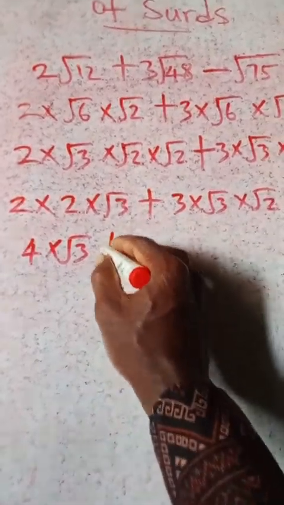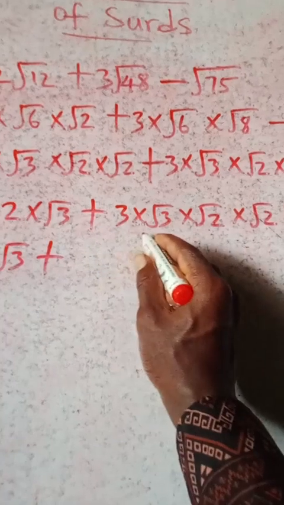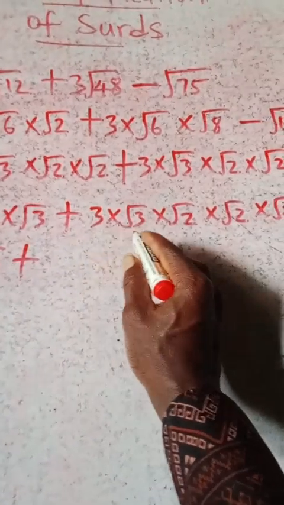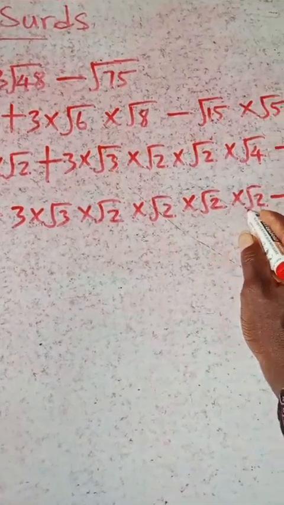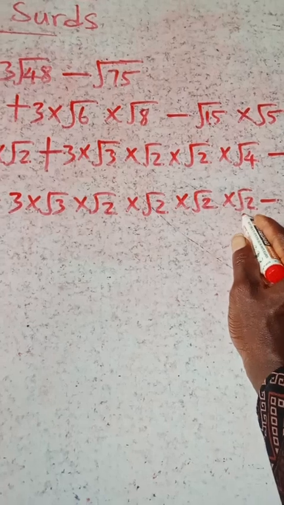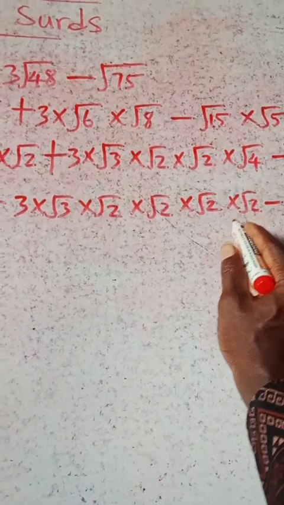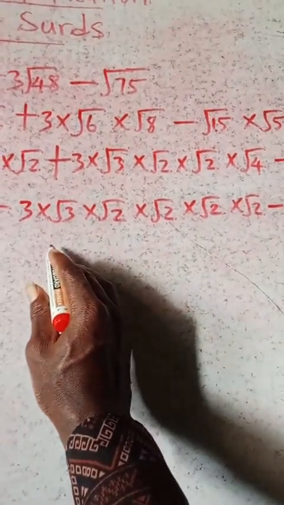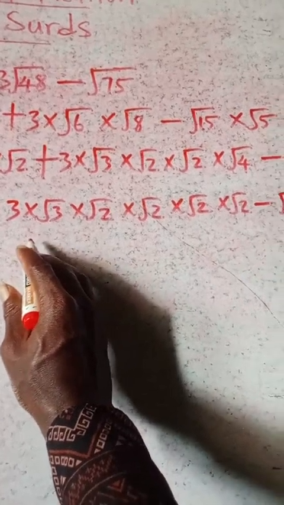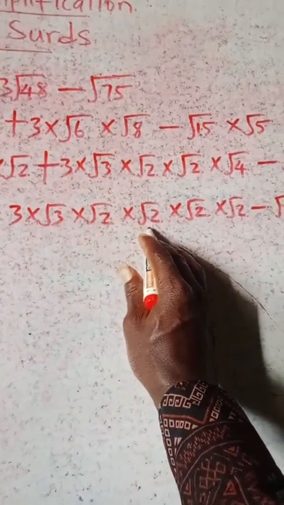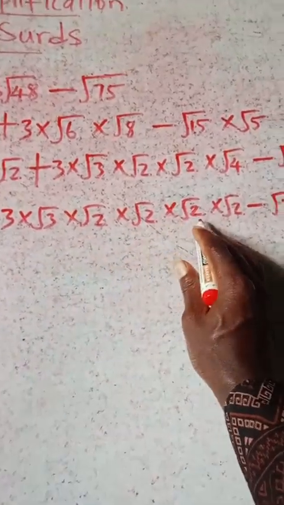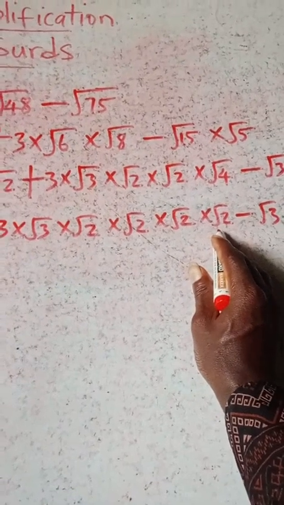Then plus, so here we have 3 times root 3 times root 2 times root 2 times root 2 and times root 2. Okay, so no number to reduce further, so we are going to multiply the roots, and we are having similar roots. Are you seeing it? So here we have root 2 times root 2, that should give us 2. Another root 2 times root 2 gives us another 2.